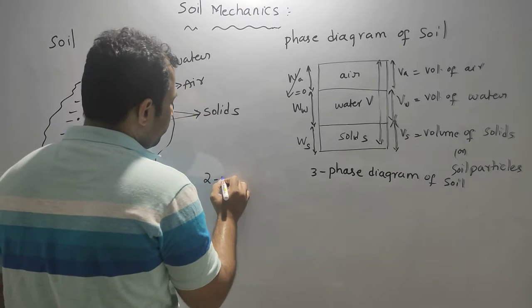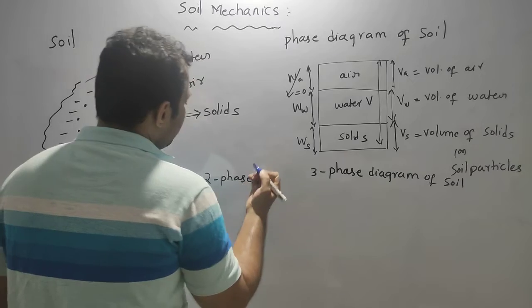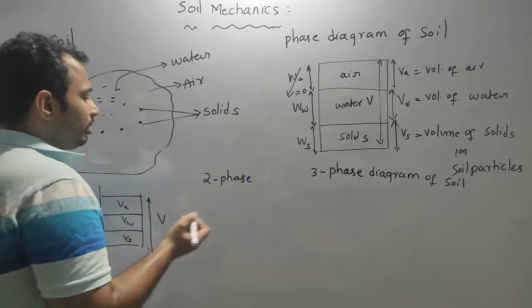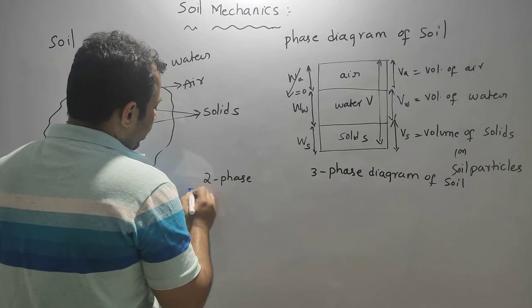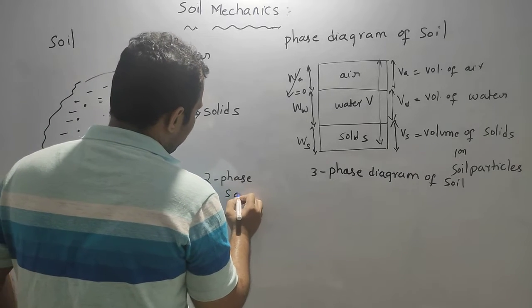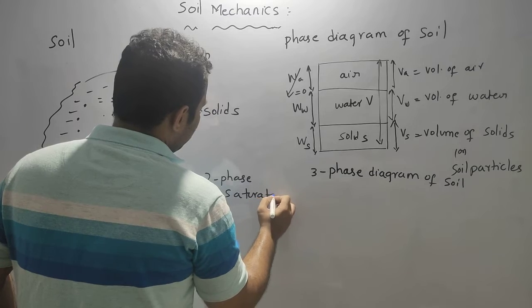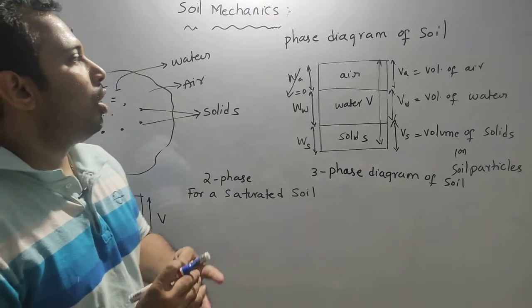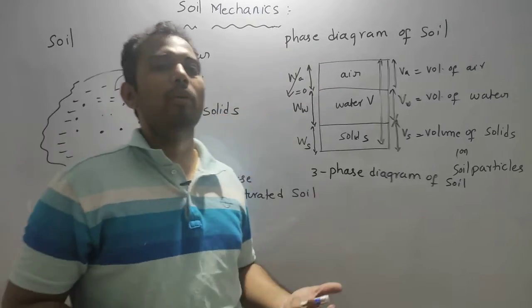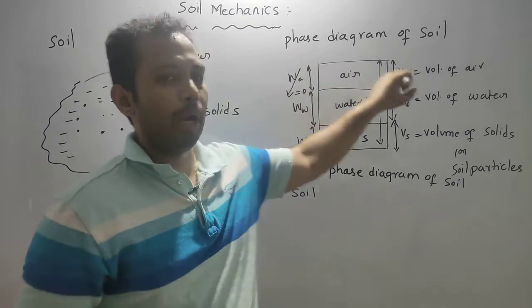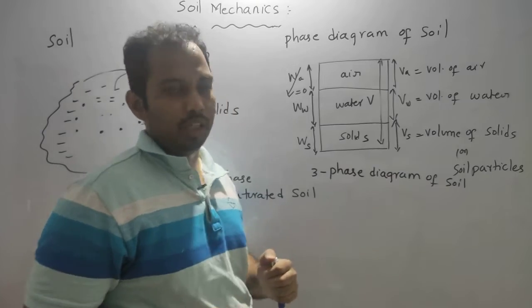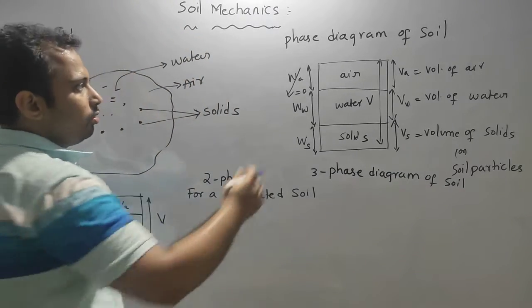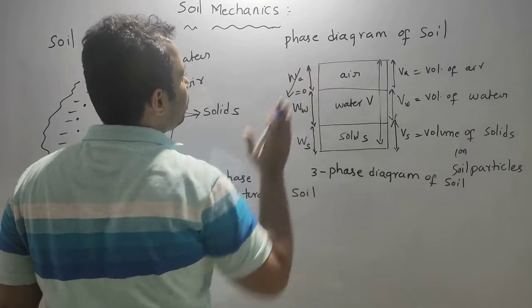Two-phase means, for example, if the soil is completely saturated. For a saturated soil, saturation means all the air voids are occupied by water. That is nothing but the saturation condition. So saturated means there won't be any air void. Now the water will take up to the top.